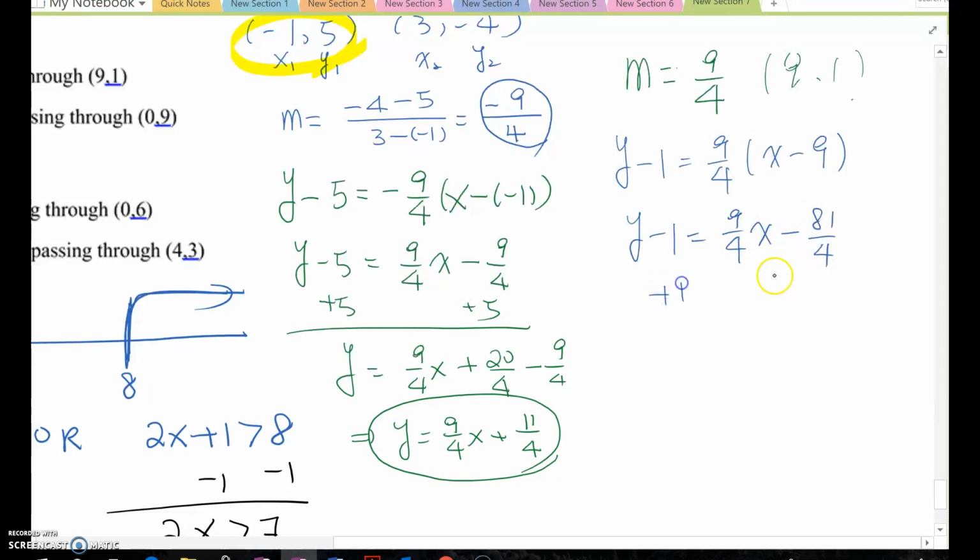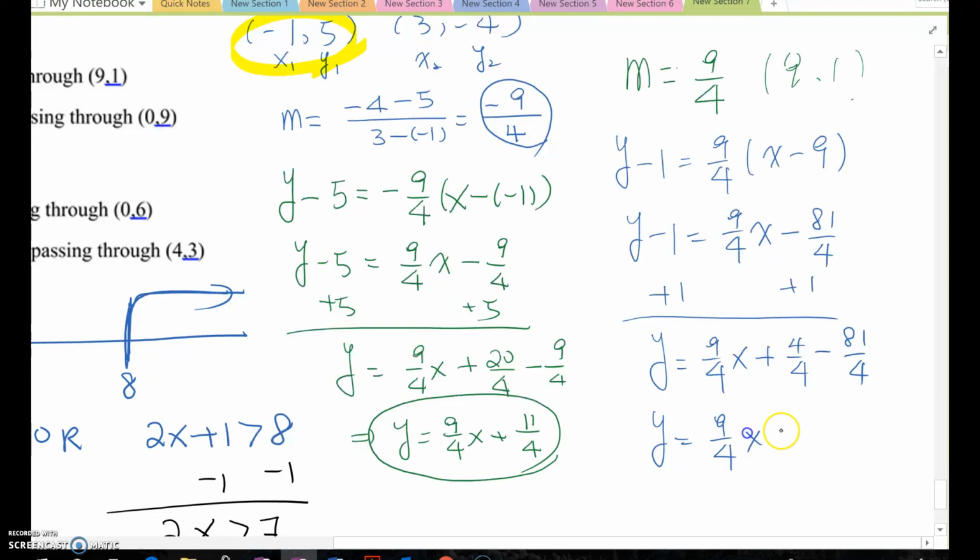Now you plus 1 to both sides. Then y equals negative 9 over 4 x plus 4 over 4 plus 81 over 4. Therefore y equals negative 9 over 4 x plus 85 over 4. That will be the parallel line equation.